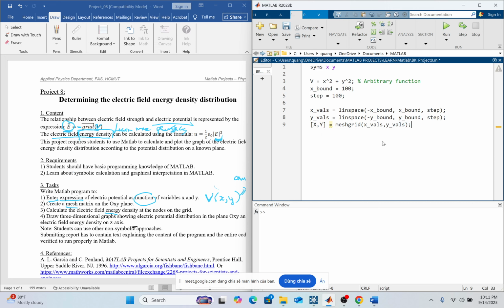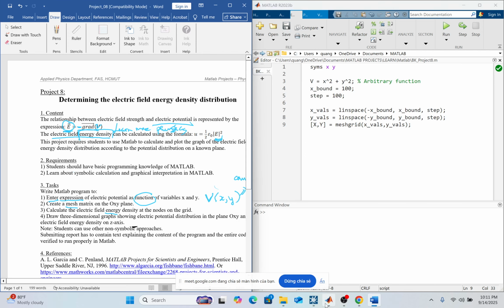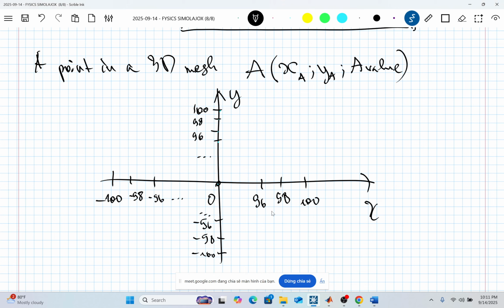What does this do? Basically, your x values are just values, right? Your y also, and this mesh grid function will create a matrix to store every possible point in your domain. I assume that here you will have a set of possible points. It's going to be 100, right?